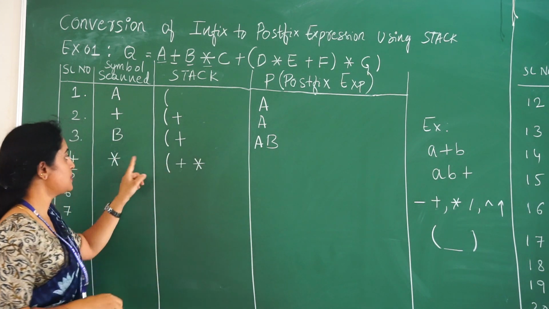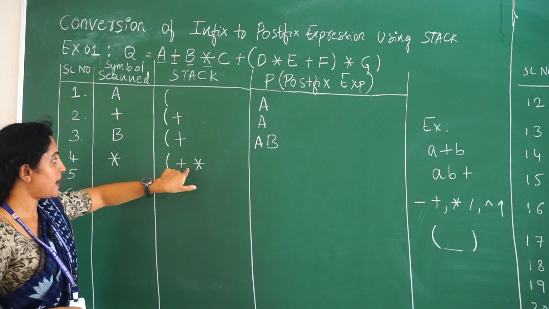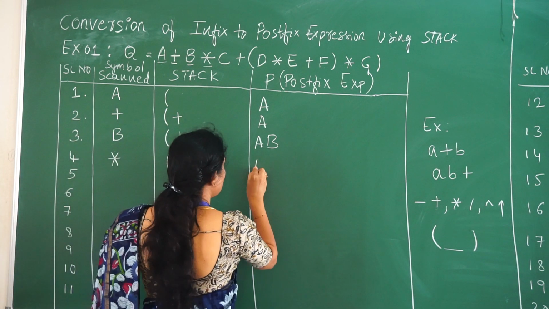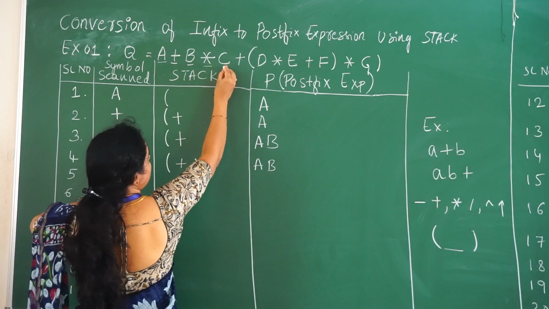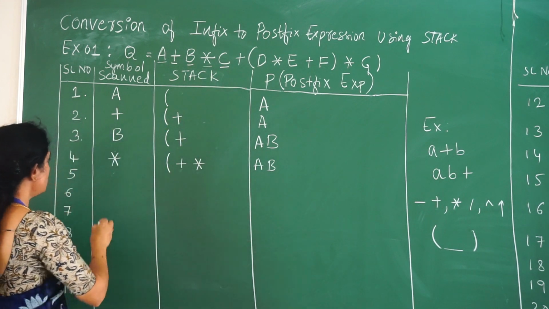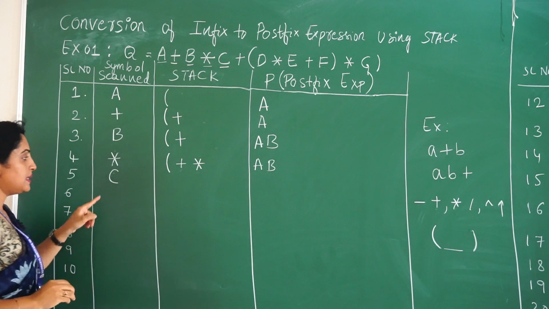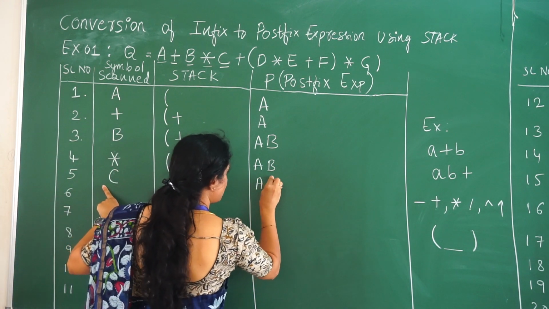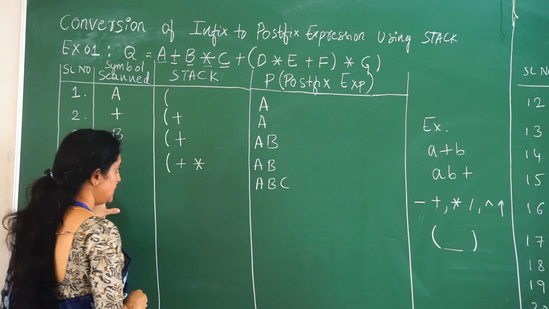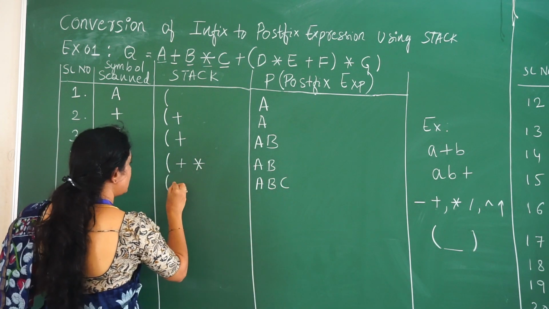So we have pushed the asterisk inside the stack. The postfix expression remains the same. The next scanned element is C. C is an operand, so directly we place it in the postfix expression, that is ABC, and the stack remains the same.